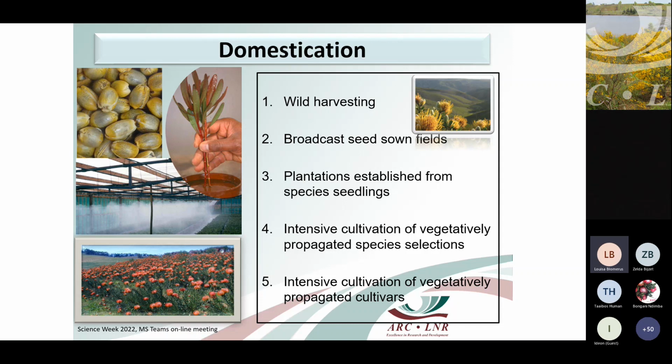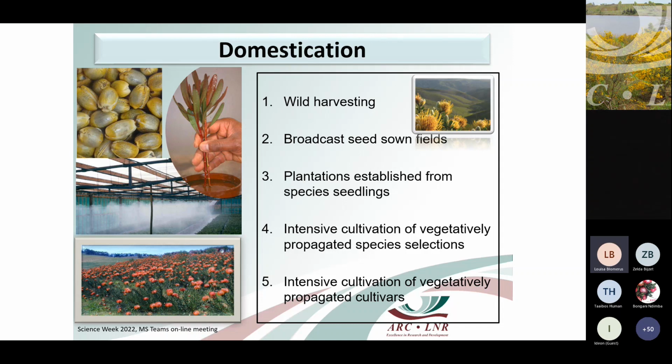And then they kept on with their selection process, but the technology was developed to propagate vegetatively. That meant that they could make a selection, take cuttings, and establish a plantation with all the plants looking exactly the same.